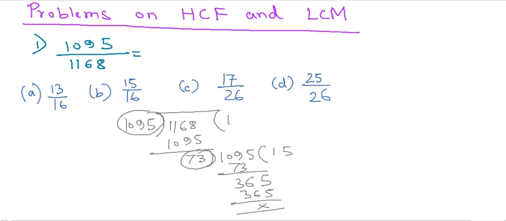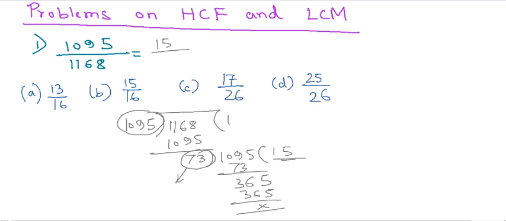So 73 is the HCF of 1095 and 1168. So we can see that on dividing 1095 by 73 we get the result as 15.